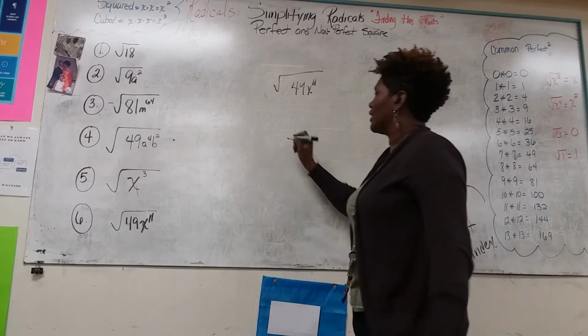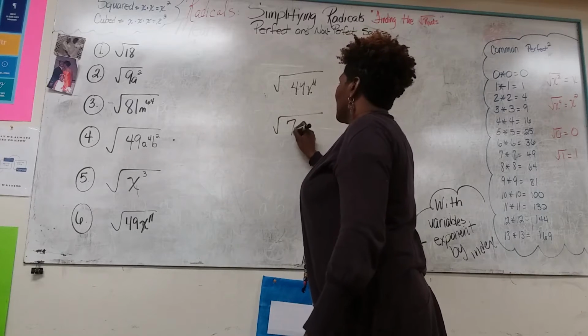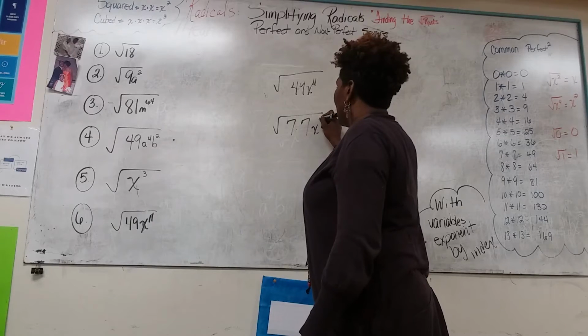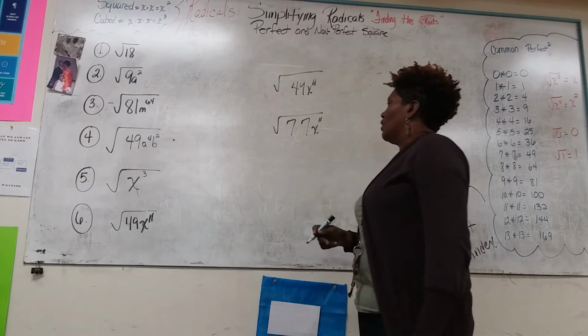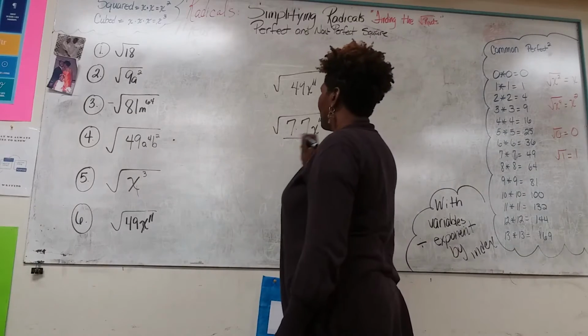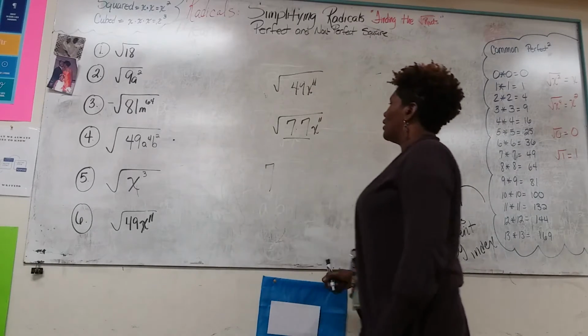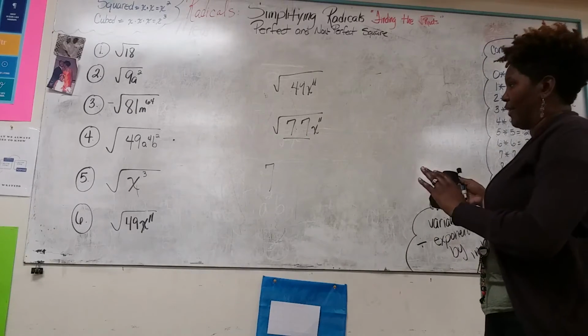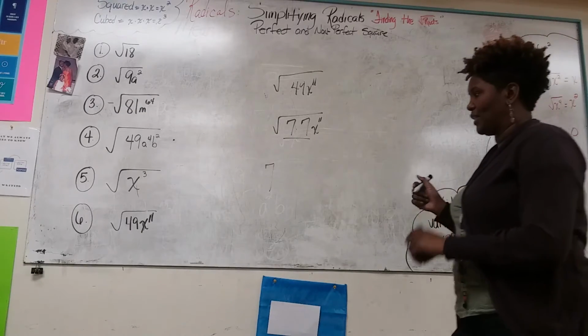Okay, 49 is just like me saying 7 times 7. And then I have x to the 11th. Okay, I have 2 7s. I'm going to boot that 7 out. How many times can 2 go into 11? 5 times.